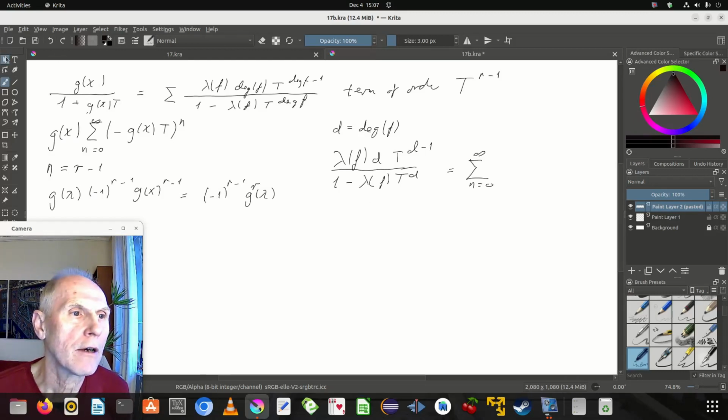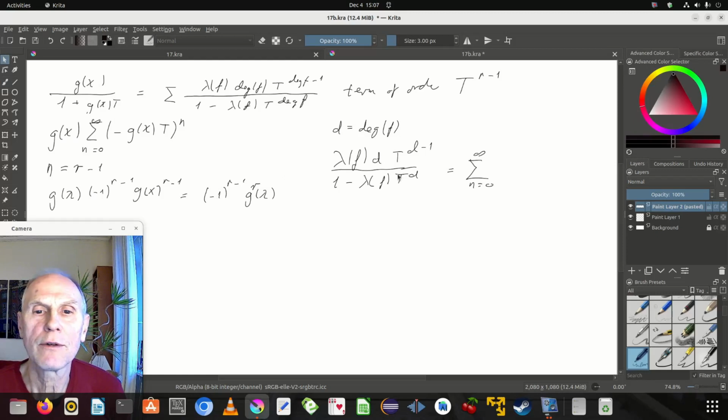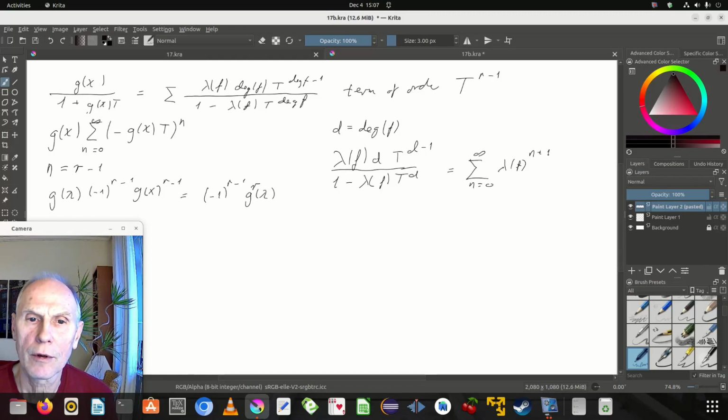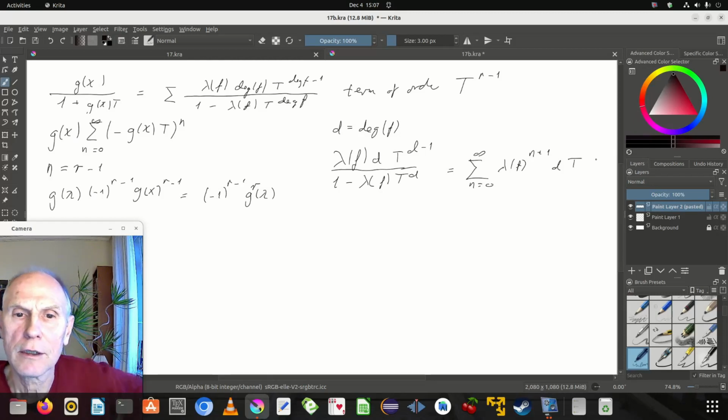So we must add all powers of this from 0 to infinity. D only comes 1, and t to nd plus d minus 1.